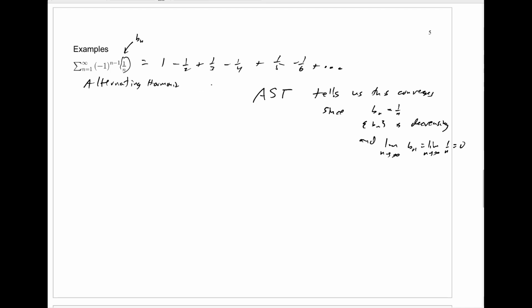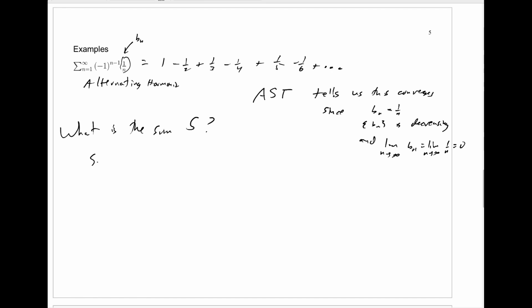What if we want to estimate the sum? Well, I said we'll learn how to understand the exact sum for this particular series much later, several sections from now. But if we want to approximate the sum, we can say that the sum is just approximated by a partial sum.